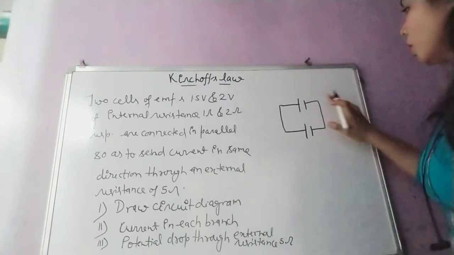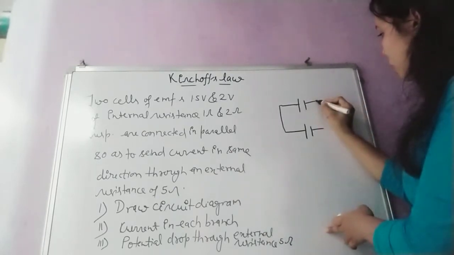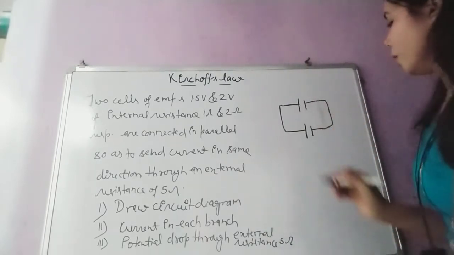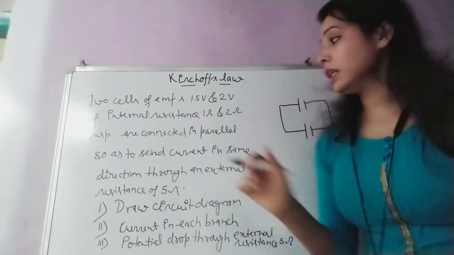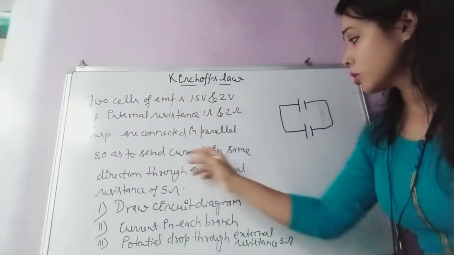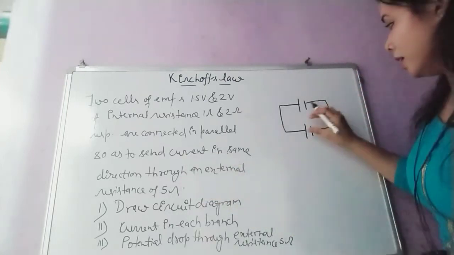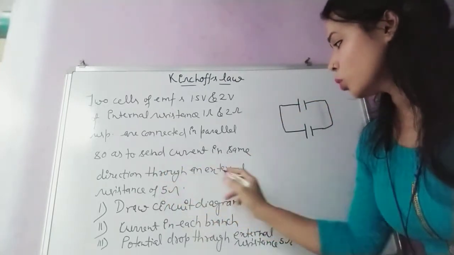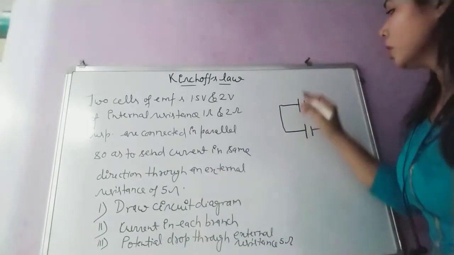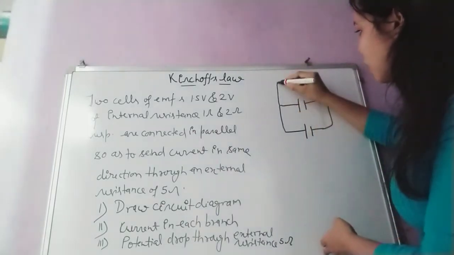Like this you make. Now the question says to send current in the same direction through an external resistance of 5 ohm, so an external resistance is also connected.